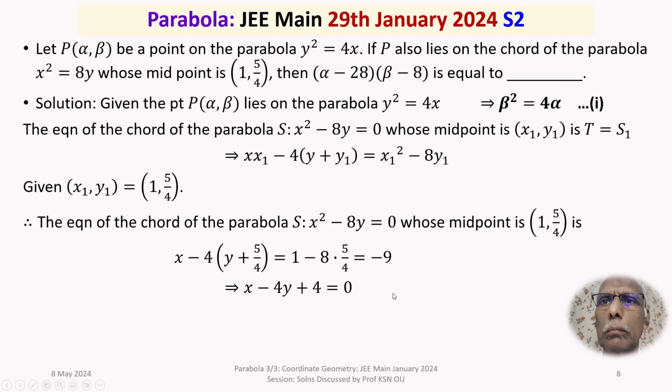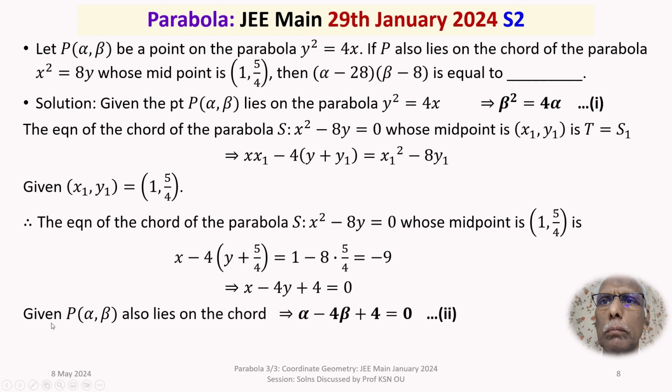And on this chord, this point P (alpha, beta) also lies. Therefore, put x is equal to alpha, y is equal to beta in the chord's equation. Then you will get alpha minus 4 beta plus 4 is equal to 0. Let's call this equation 2.